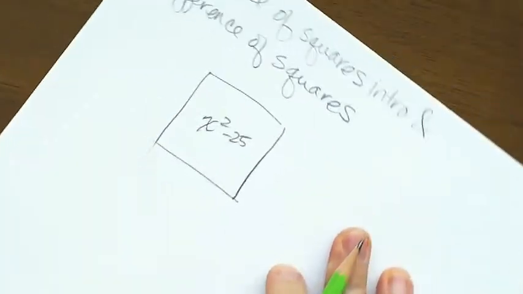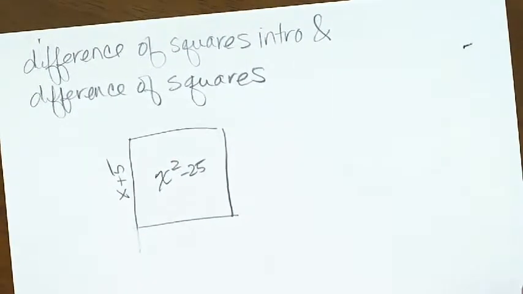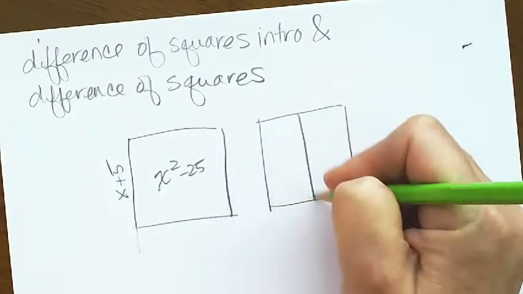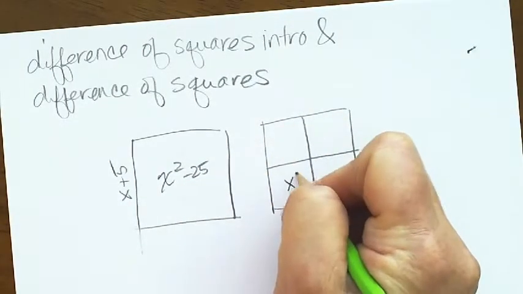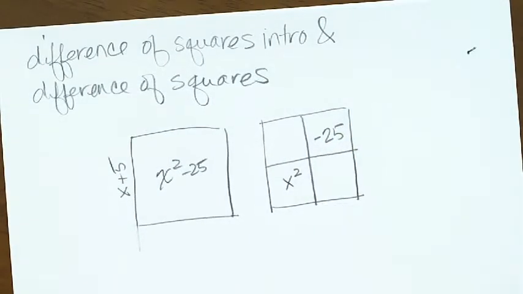It's asking what expression represents the width. So if this is a square, then the tiles are going to make a square. I have x squared and I have negative 25. So what would make a square here?